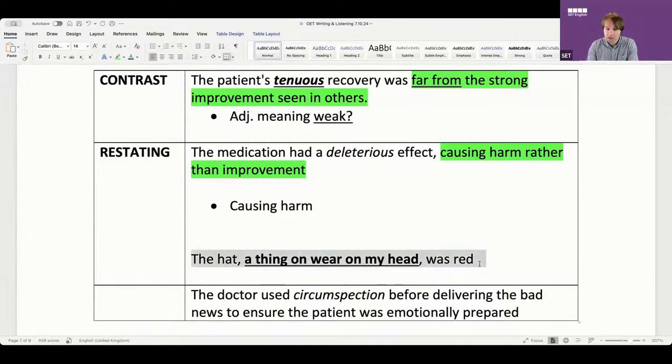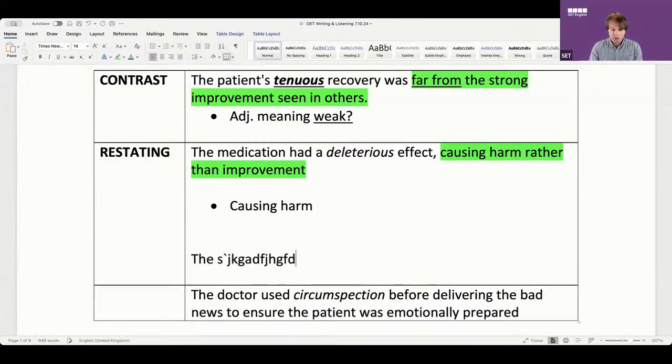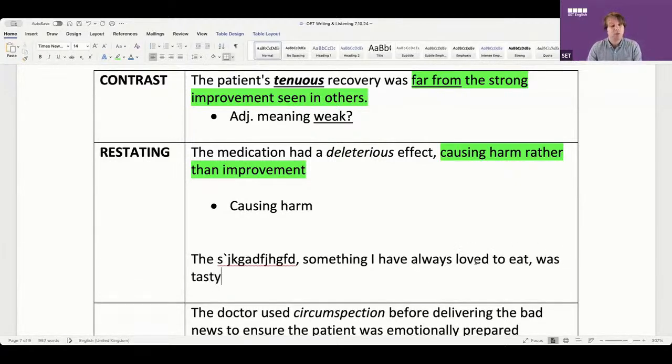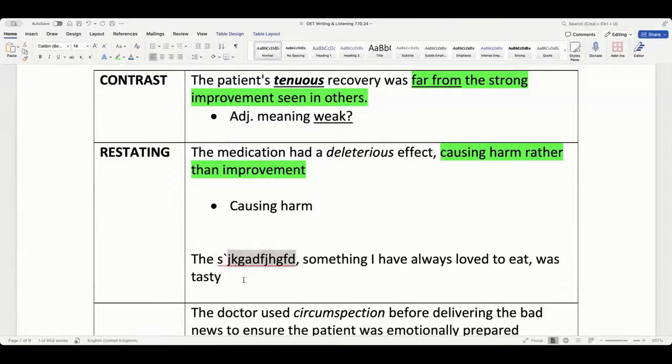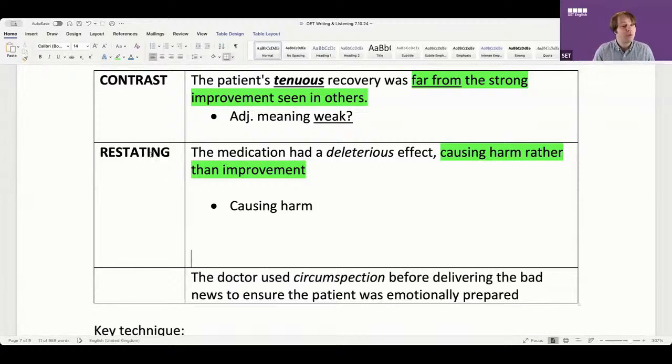The meal, something I have always loved to eat, was tasty. What is this? It's meal, food. So look out for sometimes in text and in listening, they might restate the meaning.